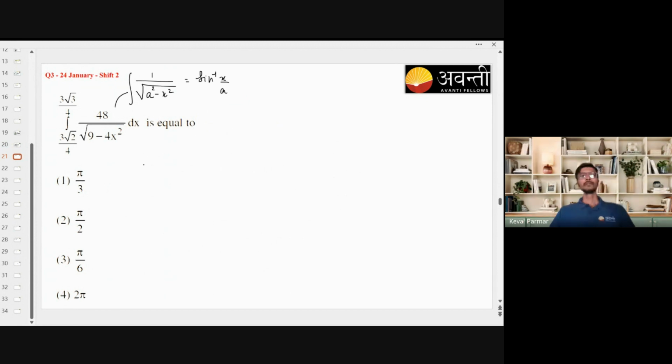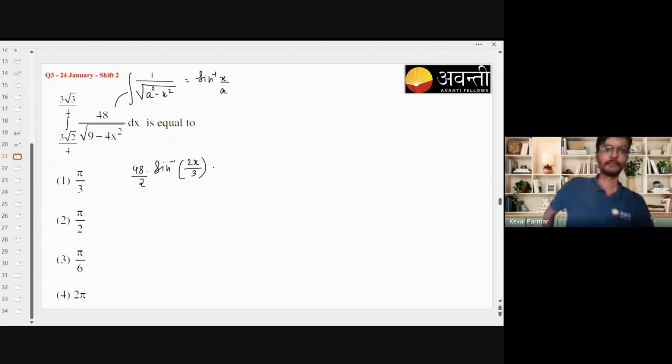So we can directly write it as 48 into sine inverse of x, it is 2x, a is 3. Now don't forget we have to divide by 2 because it is the coefficient of x. Right, guys? I hope I am right. And we have here 3 root 2 by 4 as the lower limit and 3 root 3 by 4 as the upper limit.